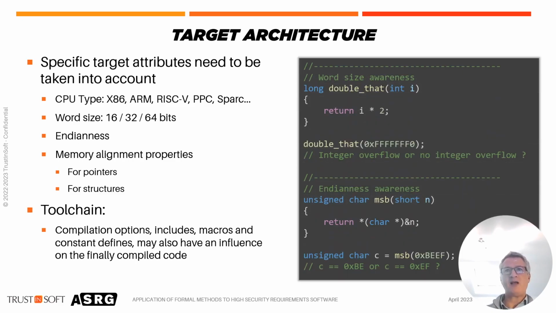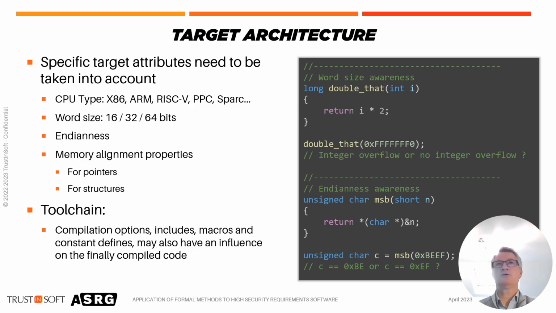Okay, let's take two examples of this. The first function, double_dat, returns the double of an input integer. Depending on whether the long type on that particular target is the same size as the int type, or bigger, let's say int around 32 bits and long around 64 bits, this will work like a charm for any possible input.